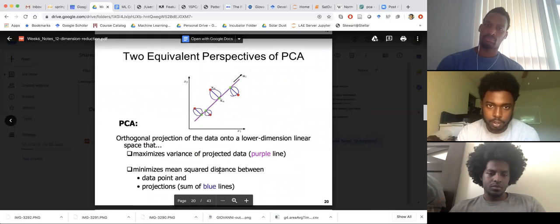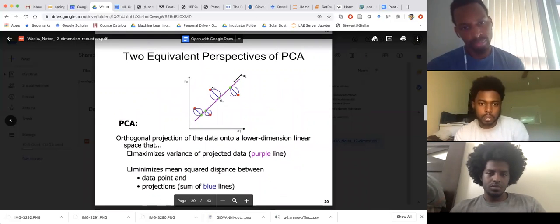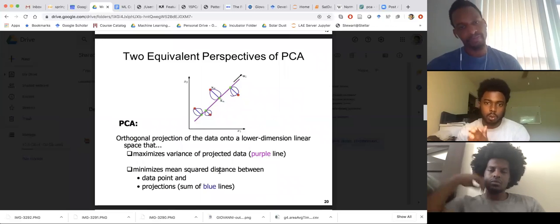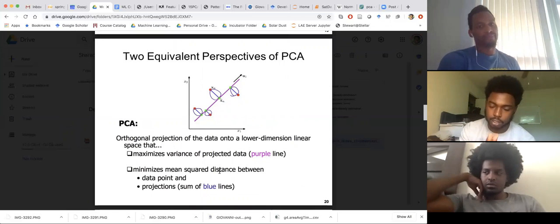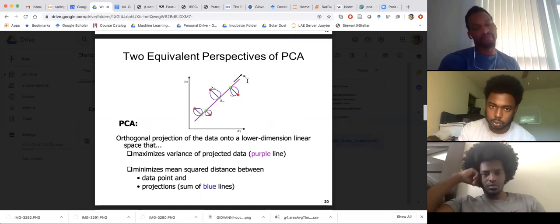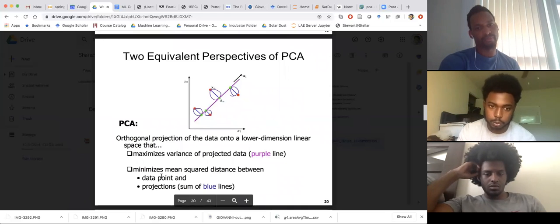Here we go. Principal component analysis does two things. One is to maximize the variance of the projected line. So we're going to pick some line such that the variance is maximized. This is the purple line. And additionally, we're going to minimize the mean squared distance between the data points and the line.